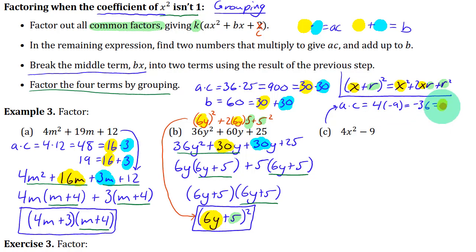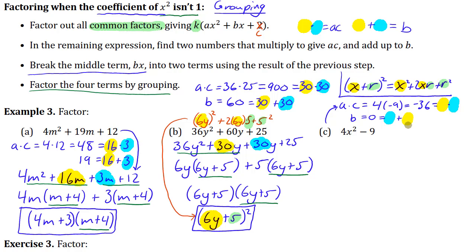So we want to find two numbers that multiply to make negative 36. And the b here is 0. So we need to get two numbers that add up to 0, but multiply to make negative 36. So if they add up to 0, they have to be opposites, right? Like 5 plus negative 5 is 0, or 10 plus negative 10 is 0.